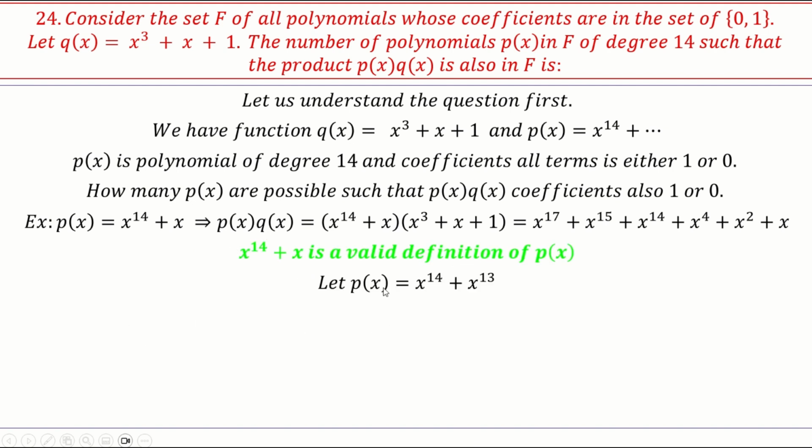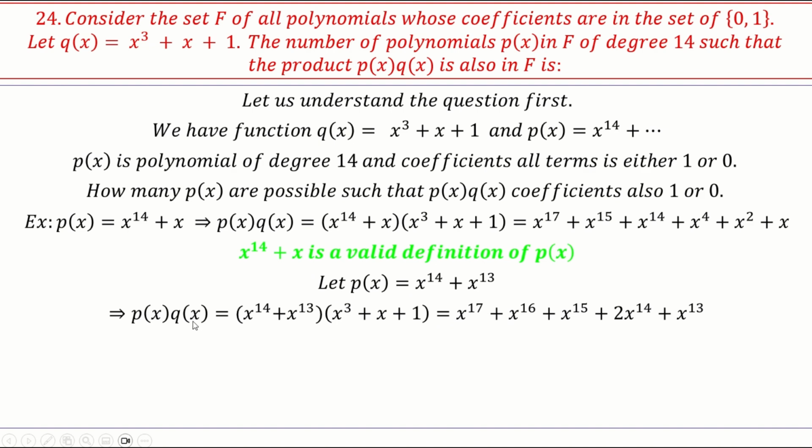If I take another example, P(x) is, let's say, x power 14 plus x power 13. If I multiply with Q(x), what happens? I get x power 17, x power 16, x power 15, 2x power 14 plus x power 13.